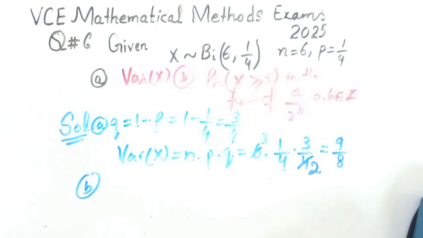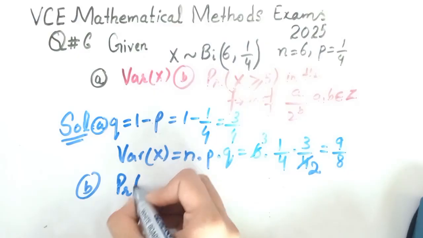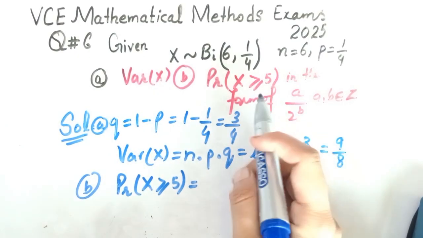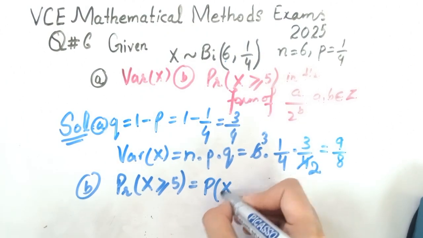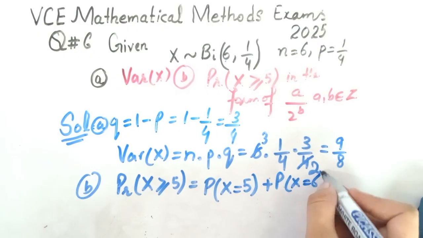Now for the b part, you have to find the probability of x greater than or equal to 5. It means the maximum value is 6. So it is the probability of x equals 5 plus the probability of x equals 6.